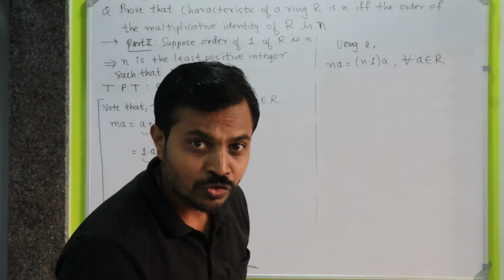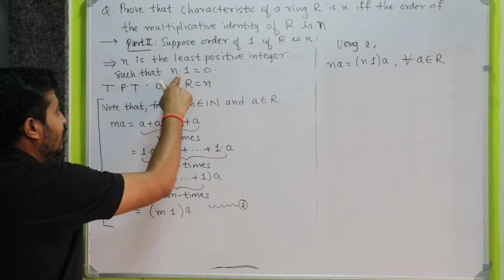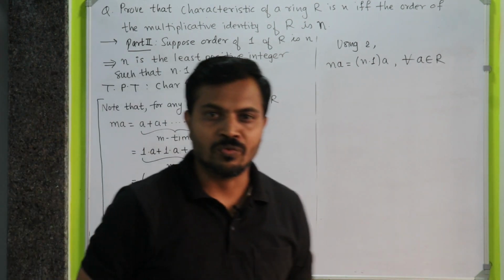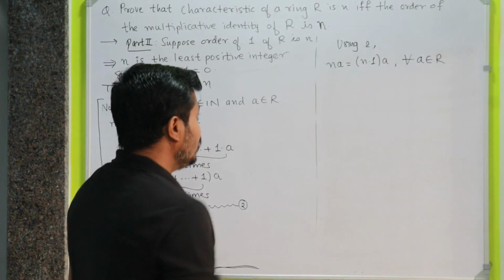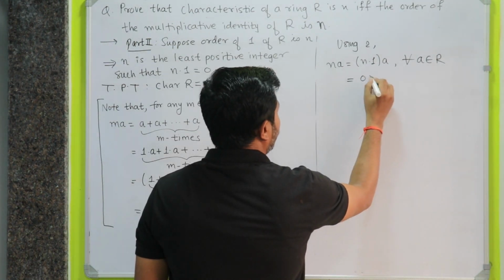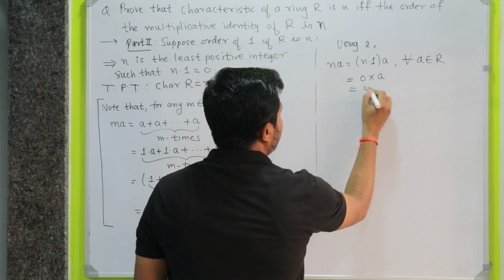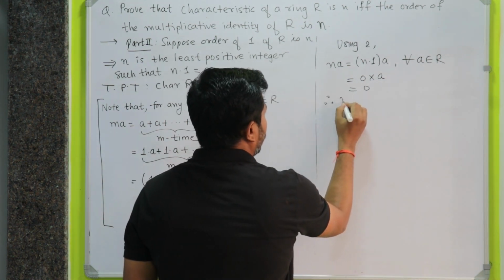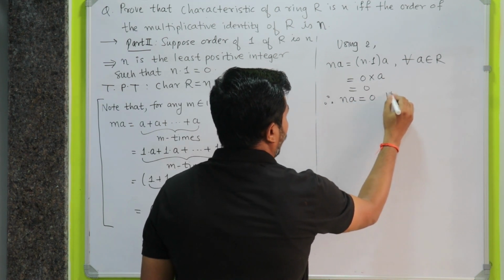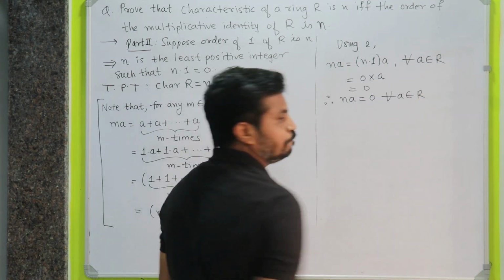But what we have assumed? We have already assumed that n multiplied by 1 is equal to 0. So simply use this value. So after using this value, this will be equal to 0 multiplied by a, and which is equal to 0. So what we have proved? Therefore na is equal to 0 for all a belongs to R.